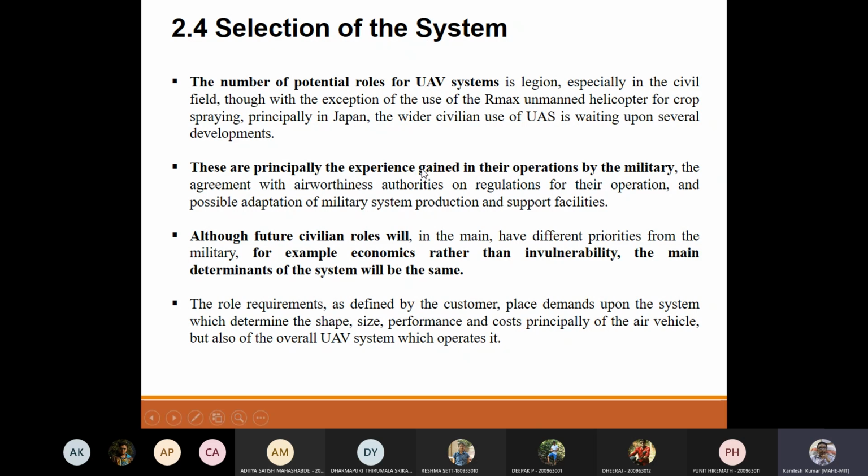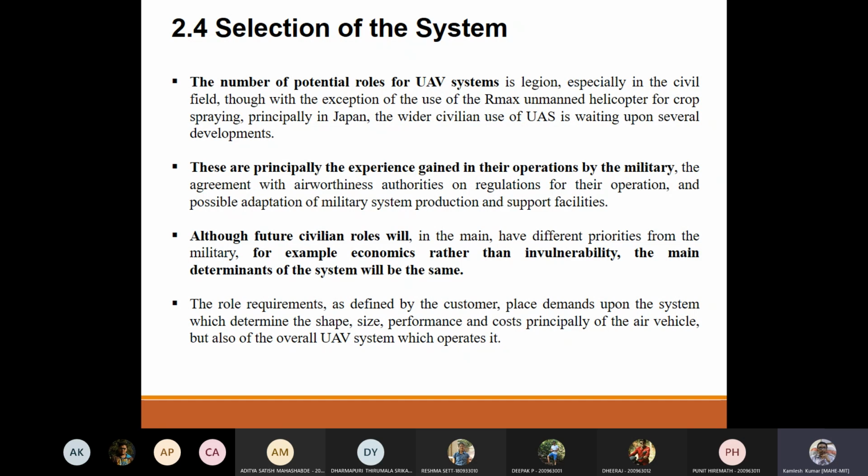Principally, the experience gained in their operation by the military, agreement with the airworthiness authority on regulations for their operations, and possible adaptations should also be captured under the selection of the system, because at the end you are talking about a system which is not recommended, not regularized. These regulations, everything will be controlled by the particular organization.